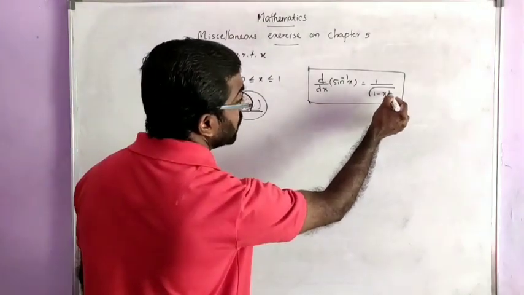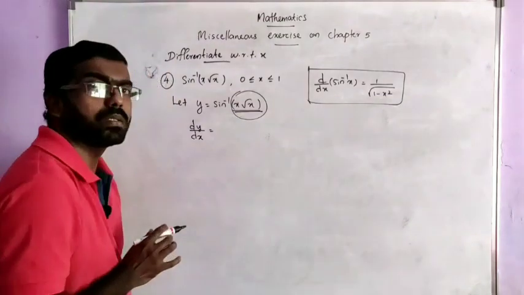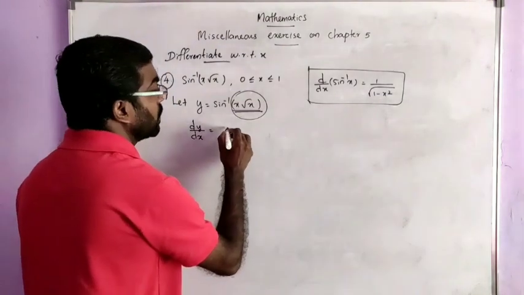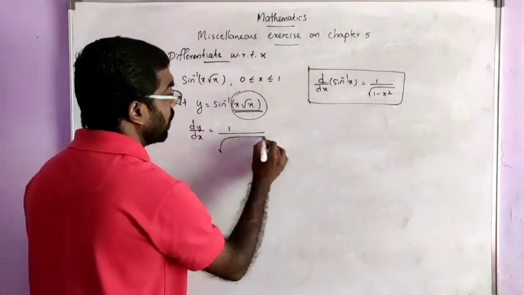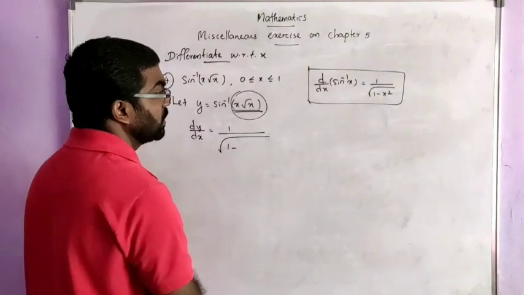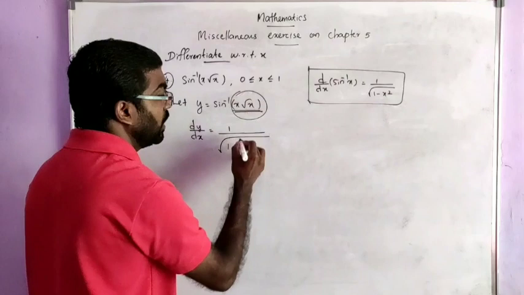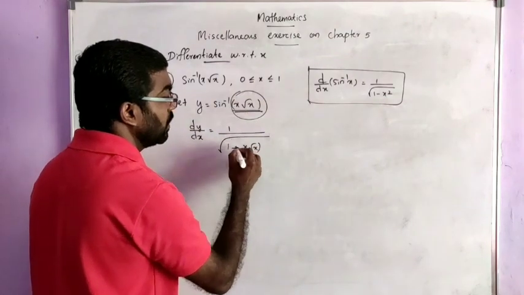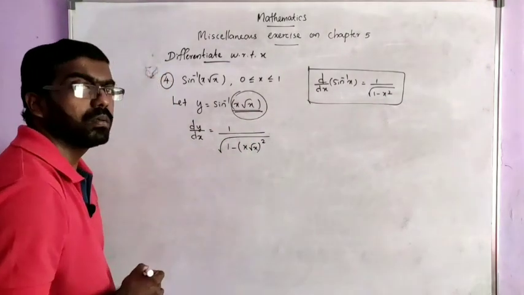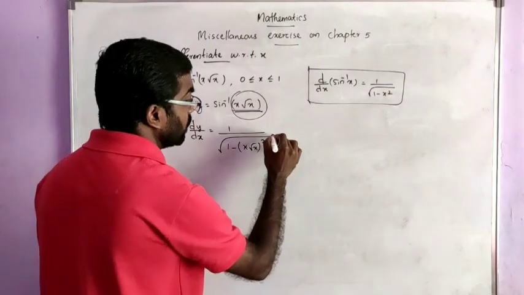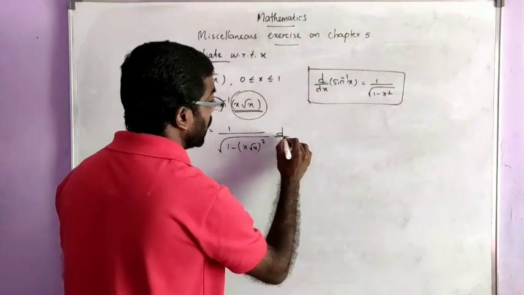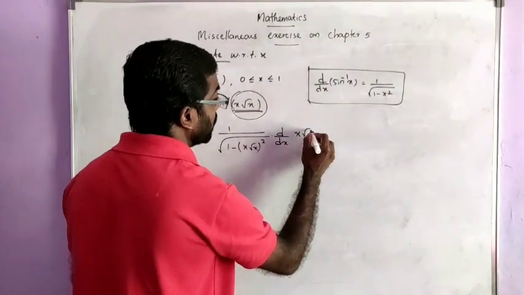So we have to replace this x by x root x. That's all. So 1 by root of 1 minus x squared. In the place of x we have to write (x root x) the whole squared. Okay. Then into the derivative of x root x.